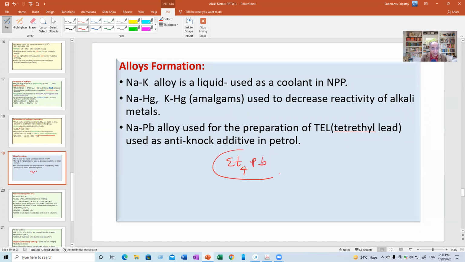This tetraethyl lead, or shortly called TEL, was used as an additive in petrol as an anti-knock additive to reduce the knocking effect of that petrol in the engine. This additive was being used, but since the lead pollution became unbearably high, now unleaded petrol is being commercialized, where no lead you will find as an additive. But that was history. History has to be discussed. You have studied history in your school.